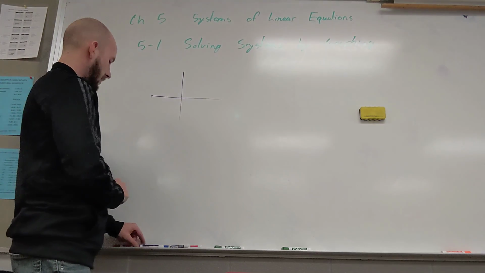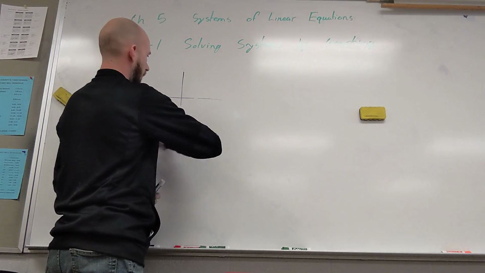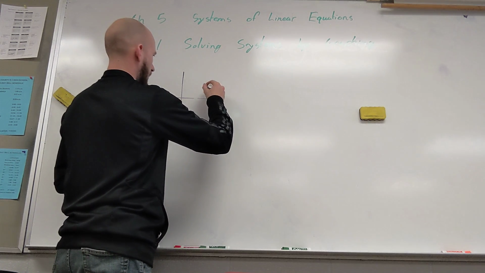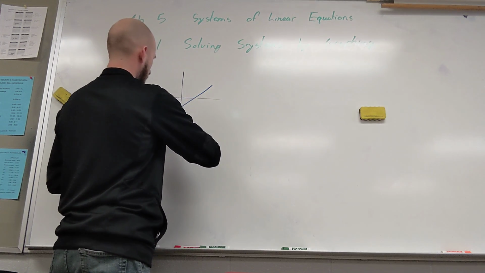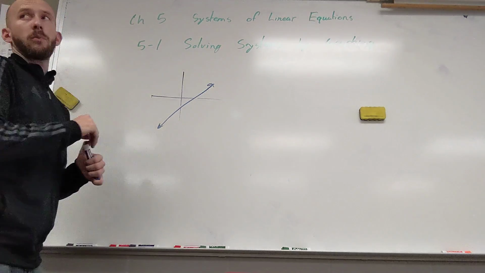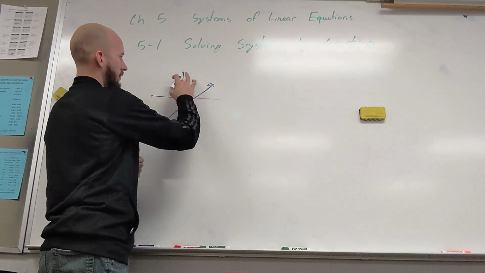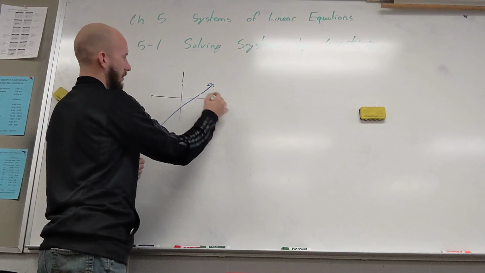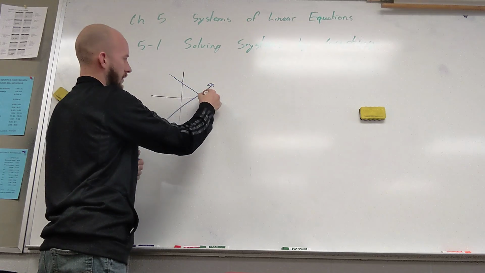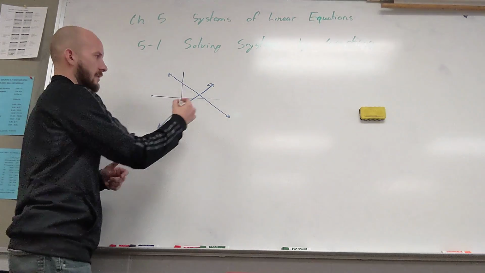Okay. So I'm going to make one line kind of going downward like that. Again, it doesn't have to have exact points on it. And I'm going to make another line kind of crossing it somewhere like that.